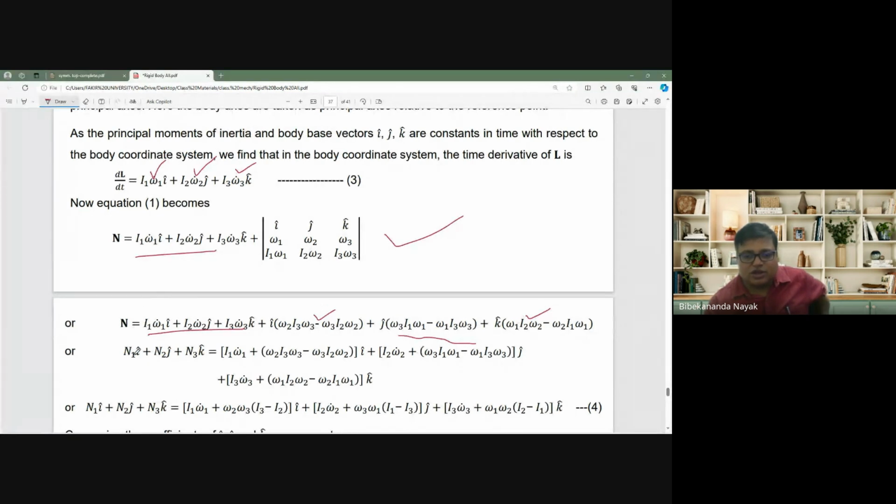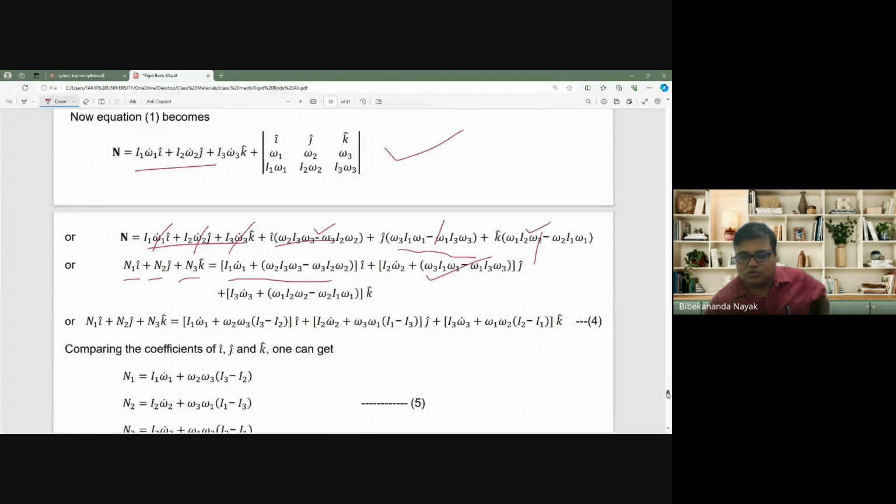But N is equal to N1 i cap plus N2 j cap plus N3 k cap. Now all i cap you collect at one point, j cap and k cap similarly. So this thing is i cap, j cap this one, k cap this one. So N1 i cap plus N2 j cap plus N3 k cap is equal to this. Finally we got, because I1 omega 1 dot plus omega 2 omega 3 taking common, it will be I3 minus I2.